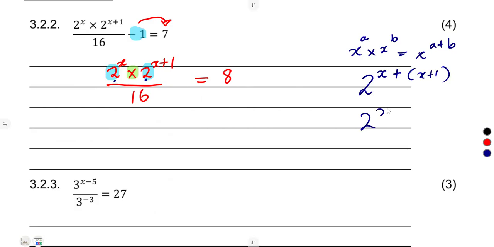So that's 2 to the exponent of x, this is 1 times x, which is x plus 1. We've got like terms, x and x here. That's going to be 2x plus 1. We add these two. So that is what we're going to have on this part. So 2, let me write it here, 2 to the exponent of 2x plus 1.